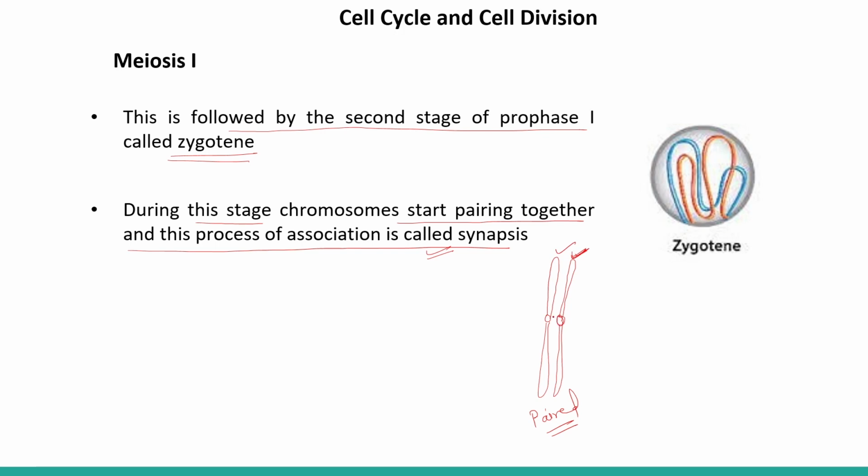So chromosome number 1 pairs, chromosome number 2 pairs, chromosome number 3 pairs, and so on. Every chromosome gets paired at the zygotene stage of prophase 1.